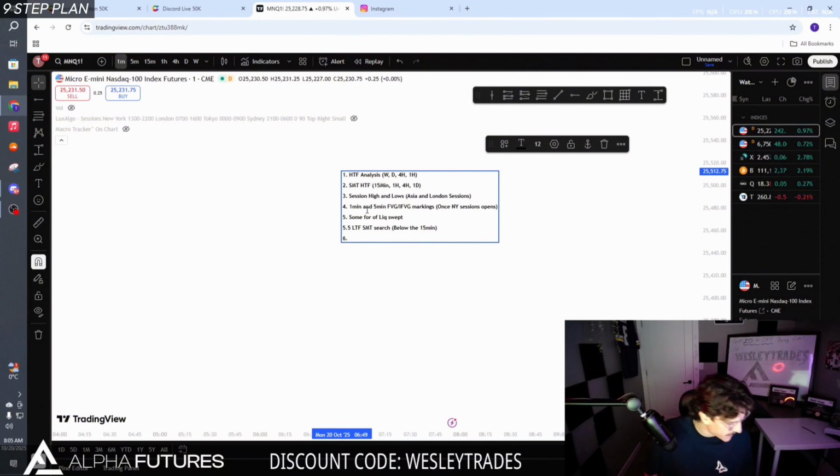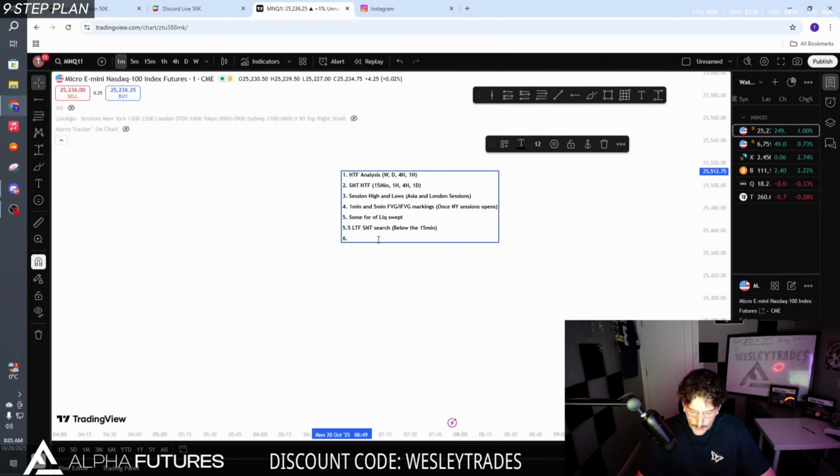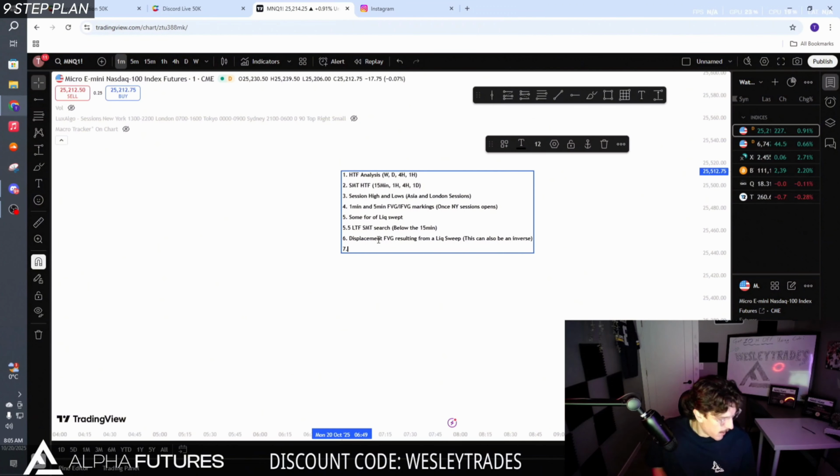Now number 6. Number 6, I'm looking for a displacement fair value gap from liquidity sweep or inverse from sweep. So displacement fair value gap resulting from a liquidity sweep. This can also be an inverse. Boom. 7. All right.